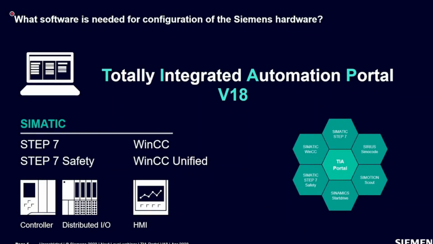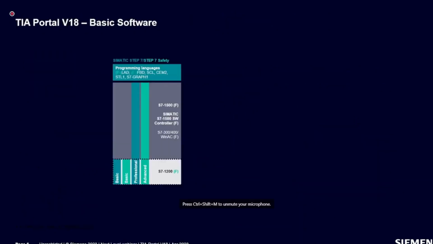To configure the Siemens hardware portfolio, you need a basic software such as SIMATIC STEP 7 and SIMATIC WinCC. In the basic software we also have some variants. STEP 7 Basic is used to configure our 1200 basic controllers, and STEP 7 Professional is used to configure our advanced controllers.